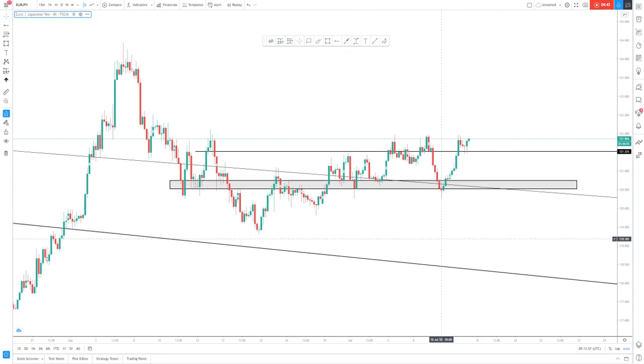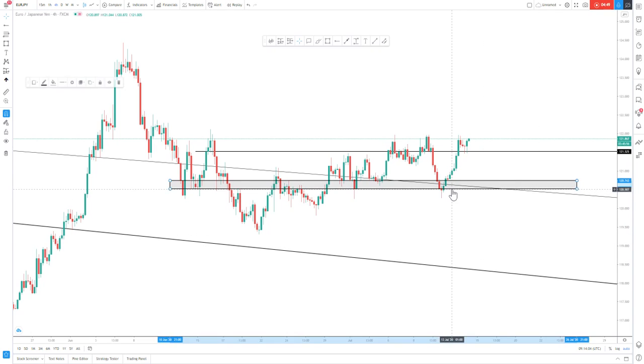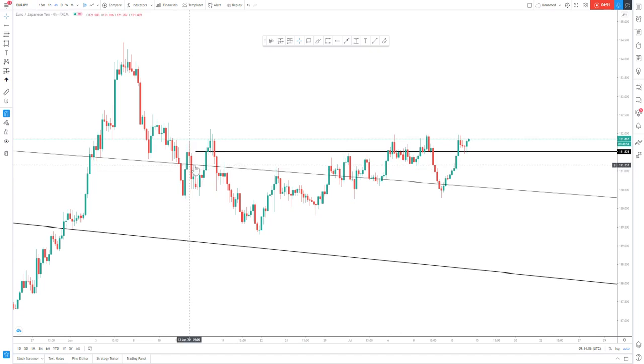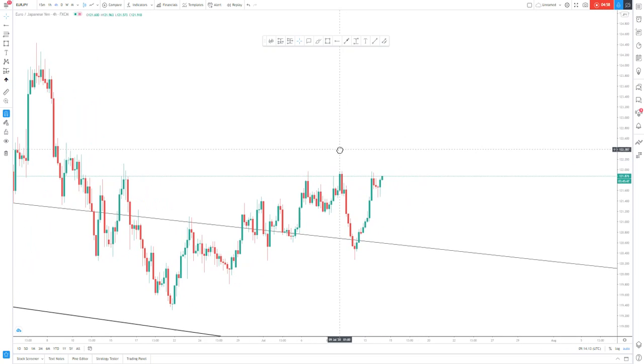Now to the 4-hour time frame. Okay, let me take this out just for clarity. And yes, on the 4-hour time frame, looking closely at this current structure right here, we can see this is just like a major trend to the upside.